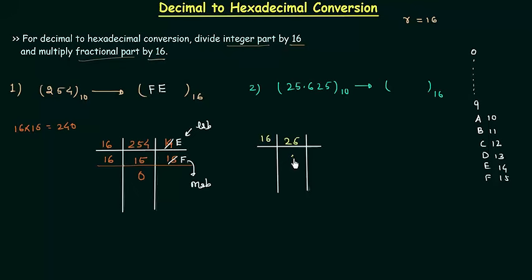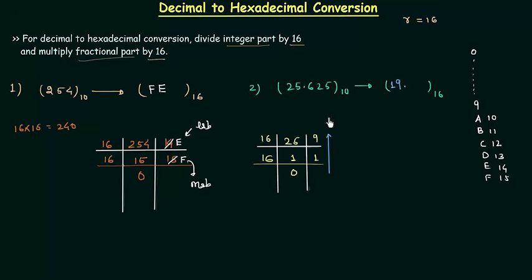The quotient will be 1 and remainder will be 9. We again divide this 1 by 16. Quotient is 0 and remainder is 1. And we have to go from bottom to top. So MSB is 1 and LSB is 9. So 19 is the hexadecimal equivalent for 25.